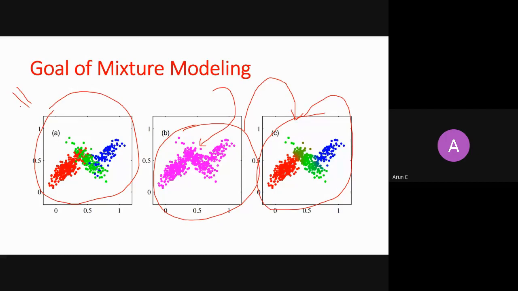Because as I said, during the generation, this red point belongs to the first cluster, right? But during the inference, you don't know whether this point belongs to this cluster, or this second cluster, or third cluster. So there may be a probability distribution on this point, and the color shows which has a higher probability.